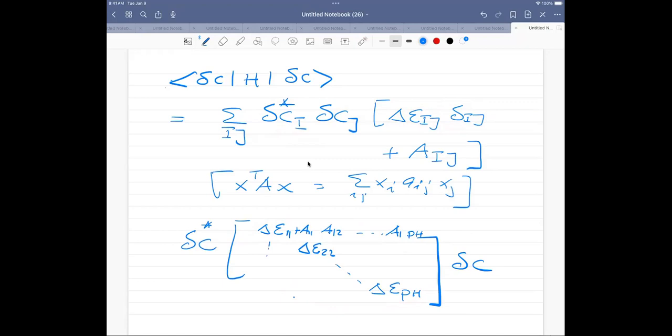This would go down to the A particle-hole 1. Here I would have plus an A22. Here I would have a plus an A particle-hole here. That would be the final one. So this is the rough structure of that specific contribution.